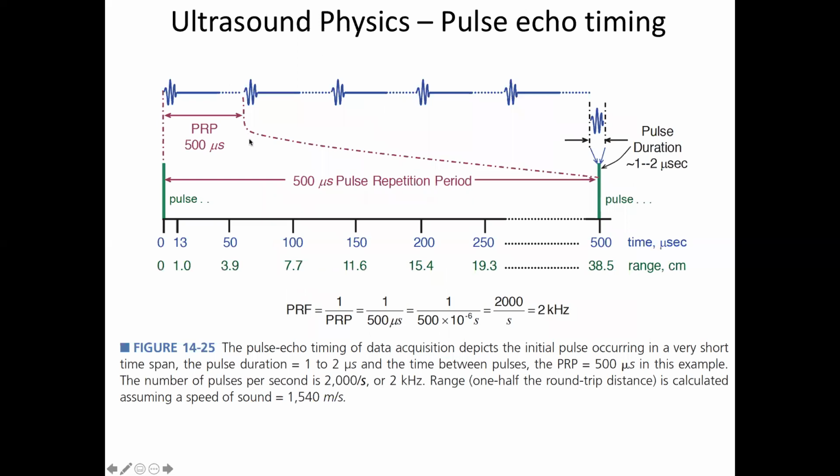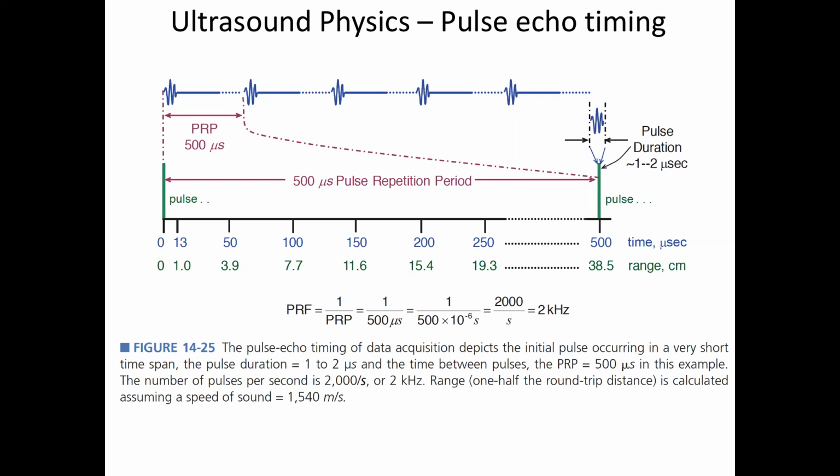Okay, so here's the simplest timing diagram of how this occurs in time. The pulse repetition period, or PRP, is the time between the pings that you are sending out.